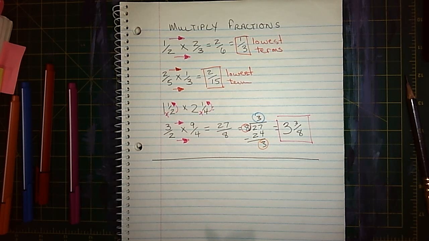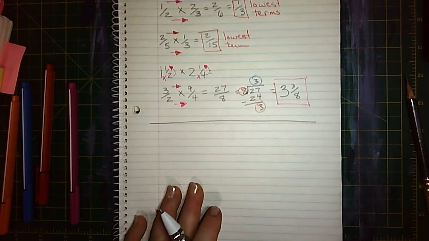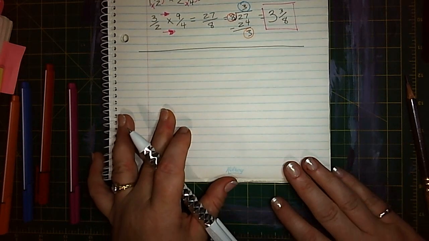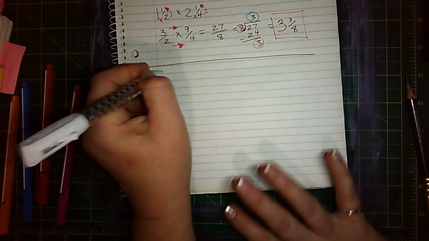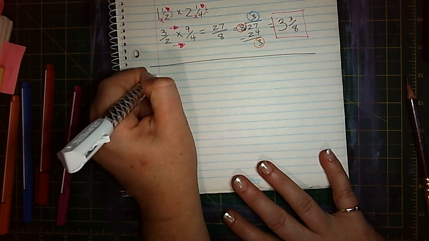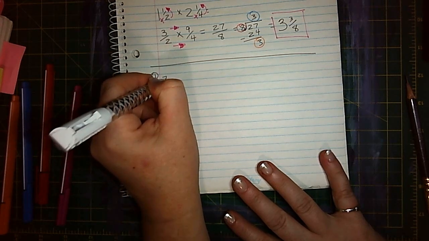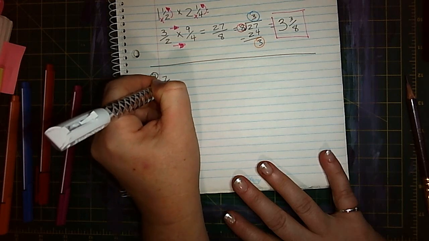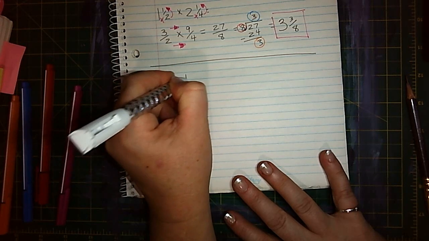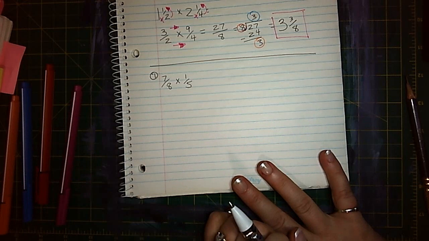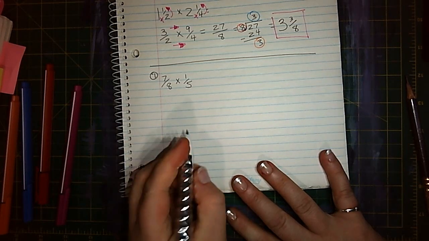Whoops. There we go. And I'm going to write these ones down. Okay, so try this one first. We'll go 7/8 times 1/5. All right.